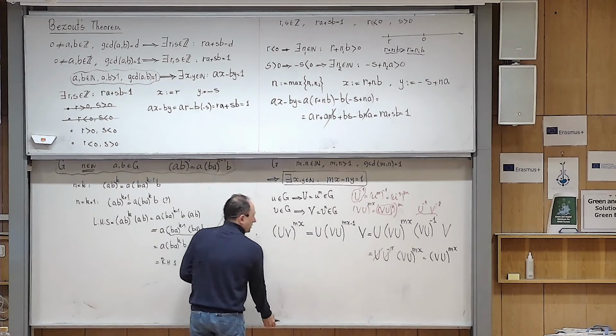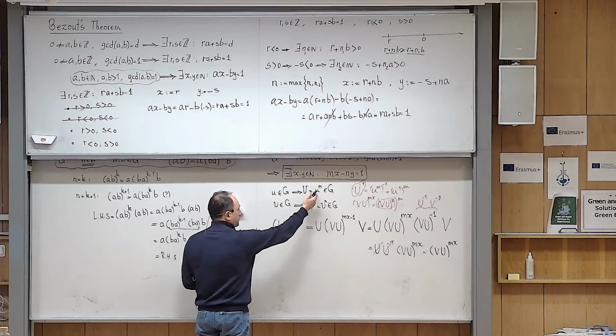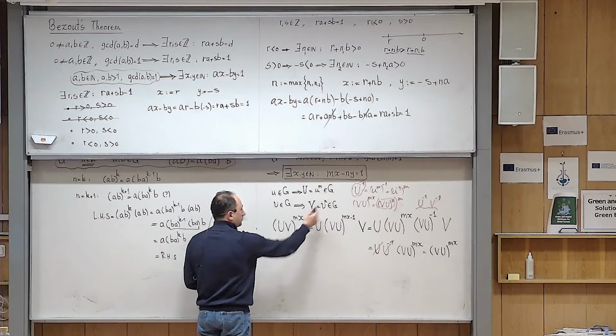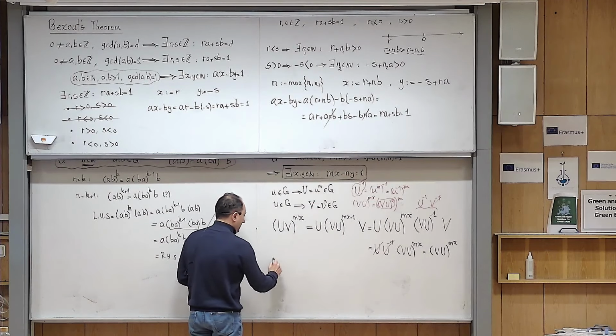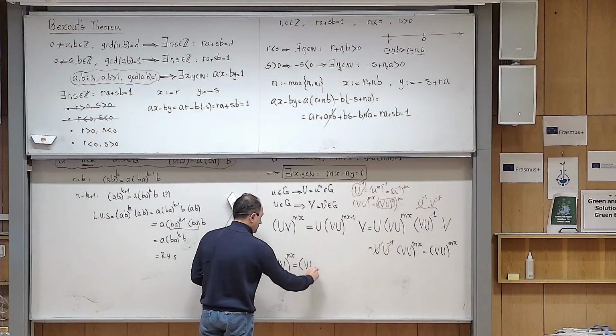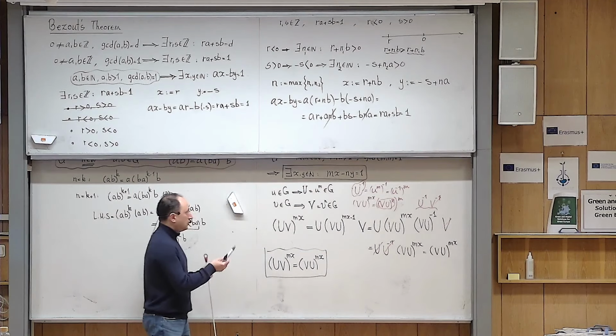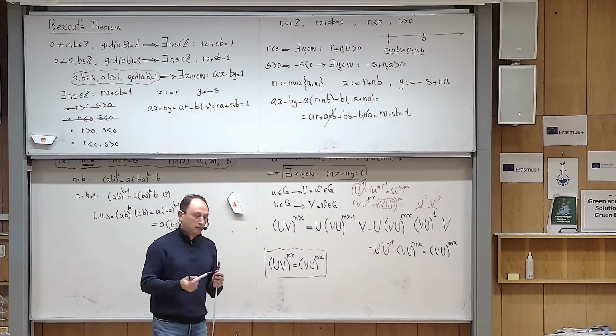Okay, so what did I show? I showed that if U and V are an mth power and an nth power respectively, then (UV)^(mx) is equal to (VU)^(mx). But remember, U and V are mth and nth powers.